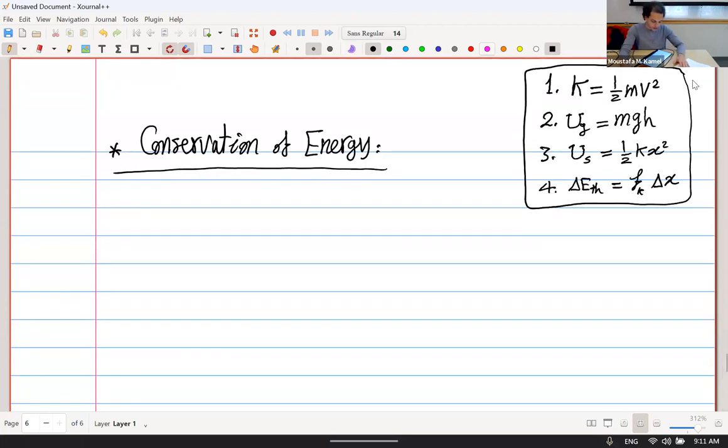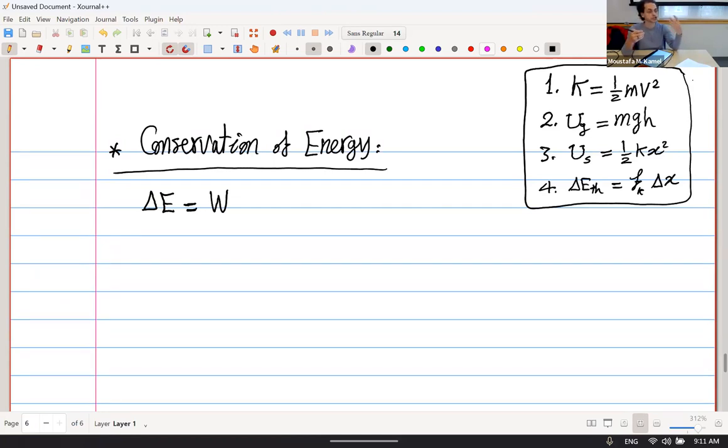Okay. Now, we said that the change in the total energy of a system is equal to the work done on it. This symbol E without anything subscript or superscript is the total energy. So the total energy is the sum of kinetic energy plus potential energy plus thermal energy plus spring energy plus everything.